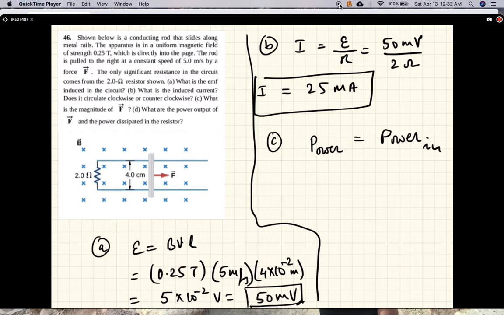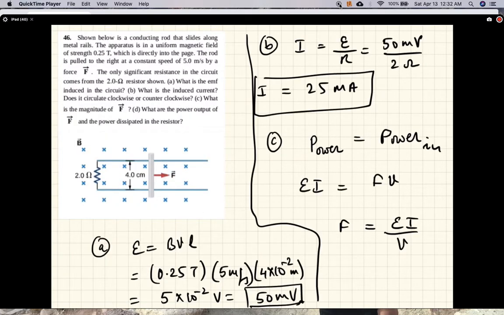By doing the work in pulling the rod, you're converting your input energy into output electrical energy. Power output is EI, and that should equal force times velocity. So the force is EI over velocity.